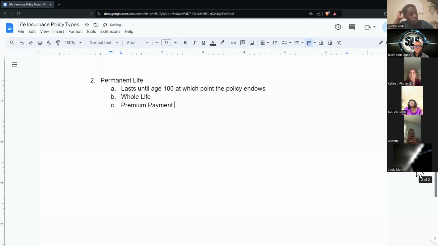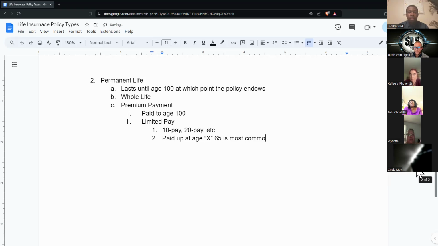So, premium payment. You can have it be paid to age 100. You can do limited pay, which is 10 pay, 20 pay, etc. I'm going to explain this in a second. Or paid up at age X, of which paid up at 65 is most common.